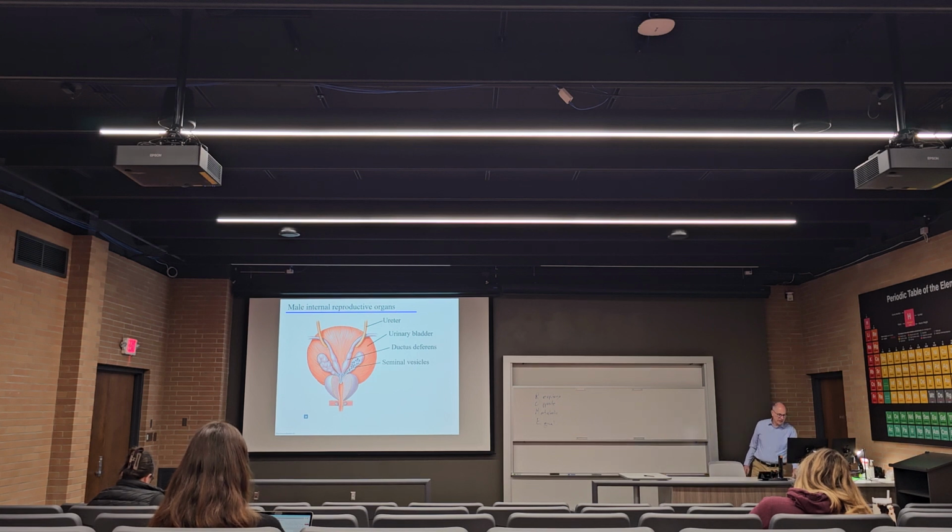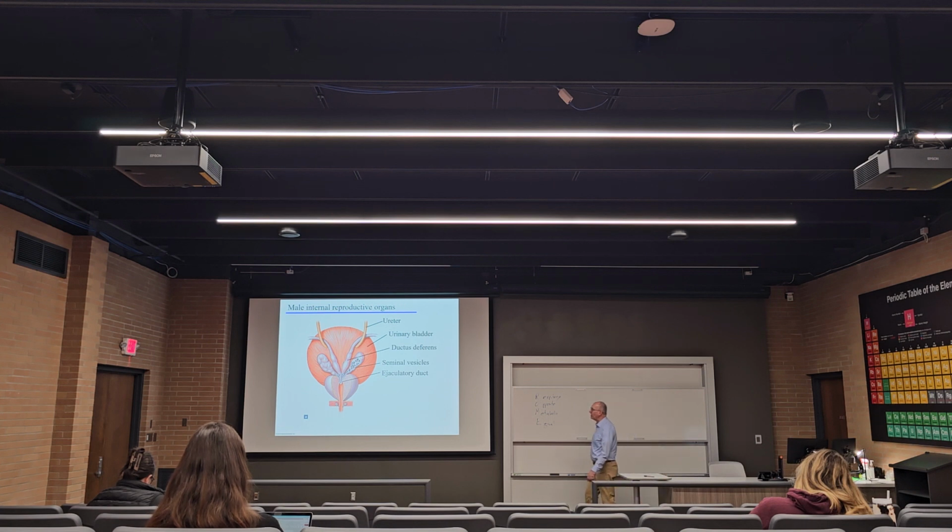From there, we enter into the ejaculatory duct. The ejaculatory duct then passes through the prostate, and here's the prostate hanging out here. You can see here that the output of the ductus deferens and the output of the seminal vesicles join together within the ejaculatory duct.